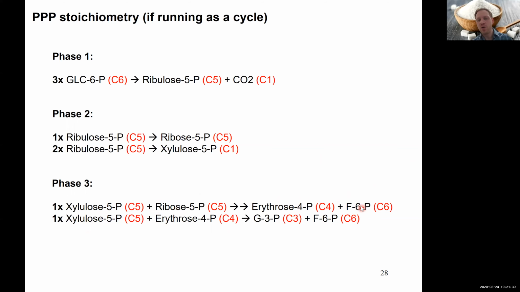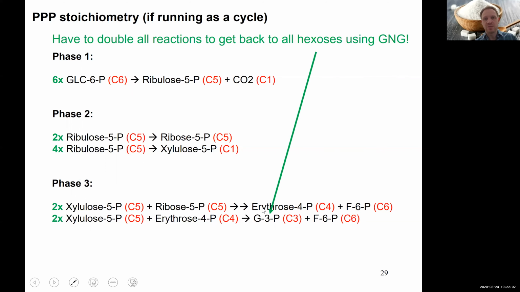Now we have all our glycolytic intermediates, but we're not quite there yet to all hexoses here. We still have one that is C3. So we actually need to double this entire procedure so that we end up with 2 molecules of G3P that we can turn into another hexose, and then we're back at all hexoses, right?